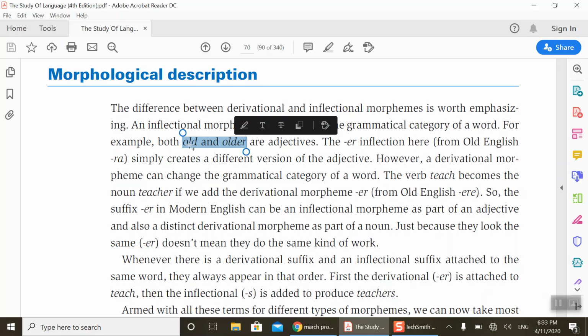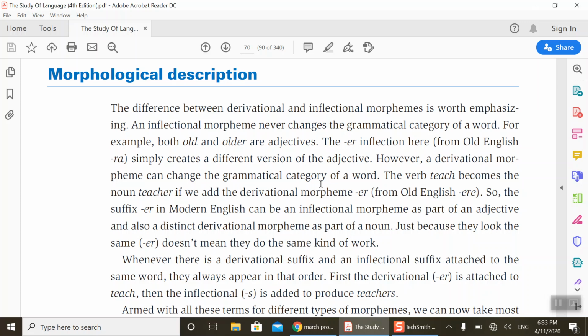Old and older are both adjectives. The -er here is inflectional. However, a derivational morpheme can change the grammatical category.